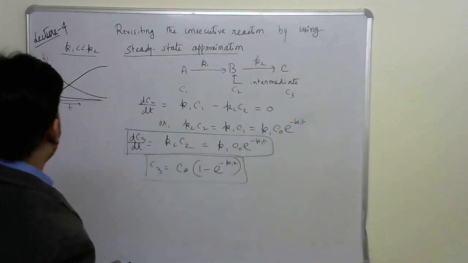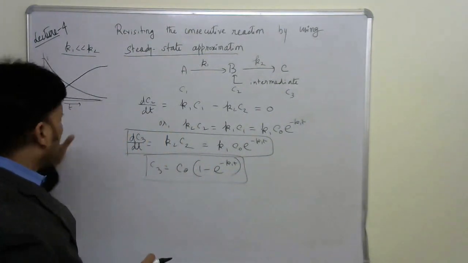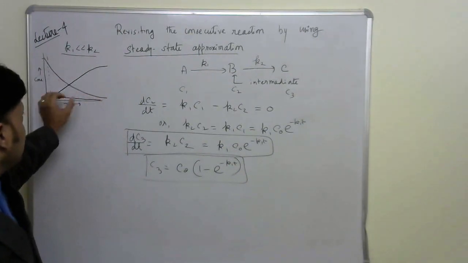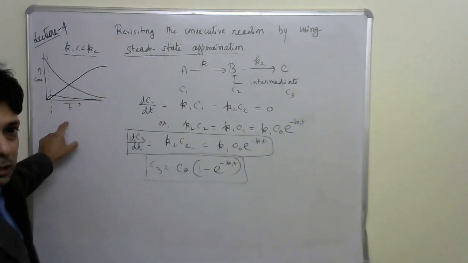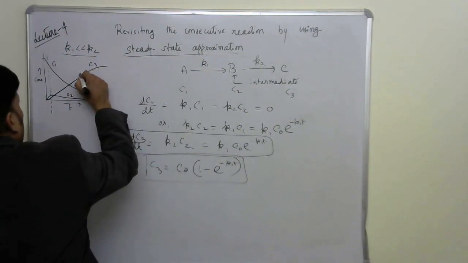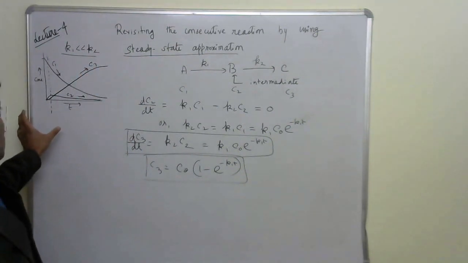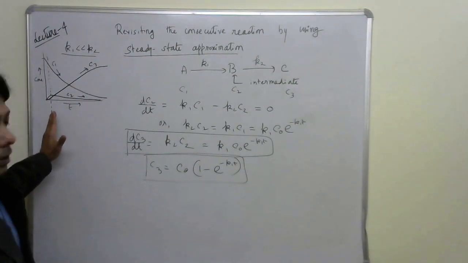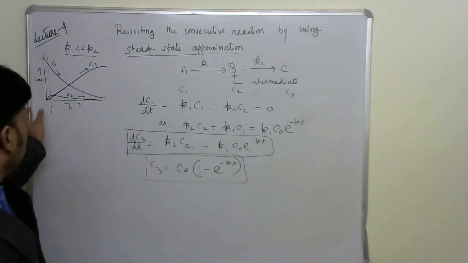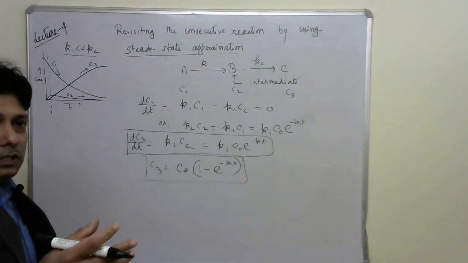Okay, good. So before we move on to our next topic, let me just tell you, probably I forgot to explain last time, that under this case, when K1 is much less than K2, the graphical representation is something like this. So this is my C1, and this is my C2, and this is my C3. So you see that under this situation, the steady state is achieved right after the reaction has started.